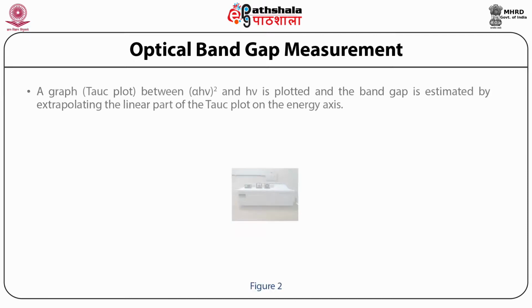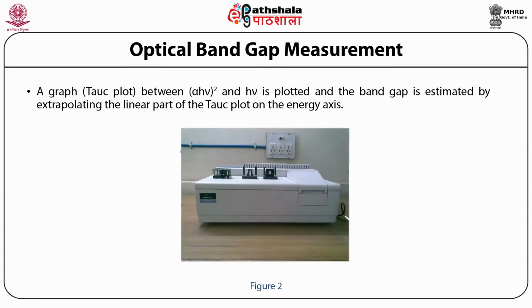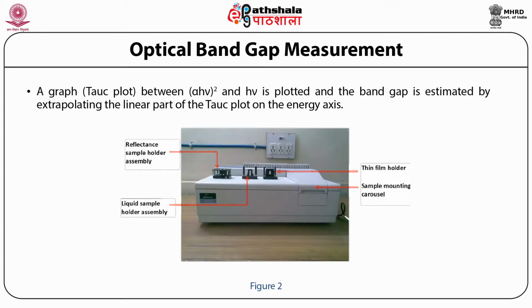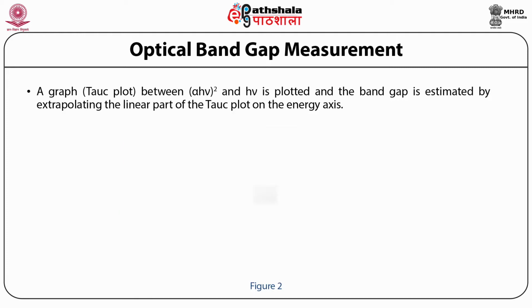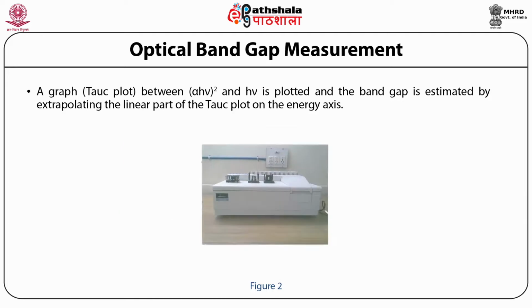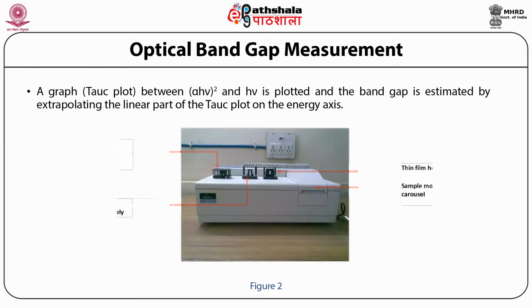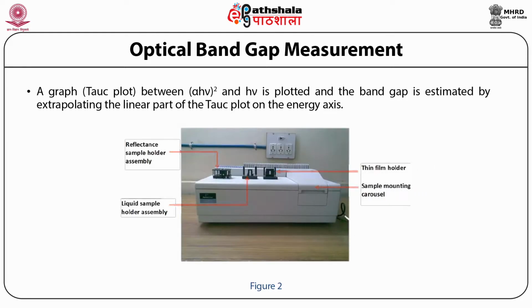So, when we plot a graph, which is known as the Tauc plot, between (alpha h nu) whole square and h nu, the band gap is estimated by extrapolating the linear part of the Tauc plot on the energy axis.